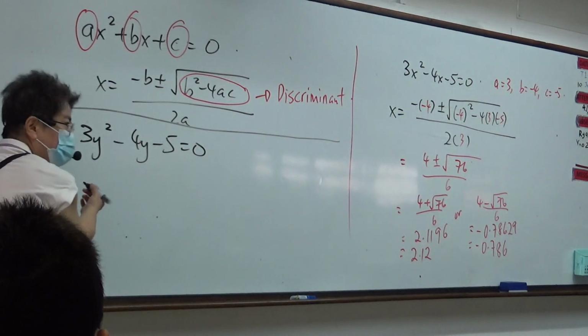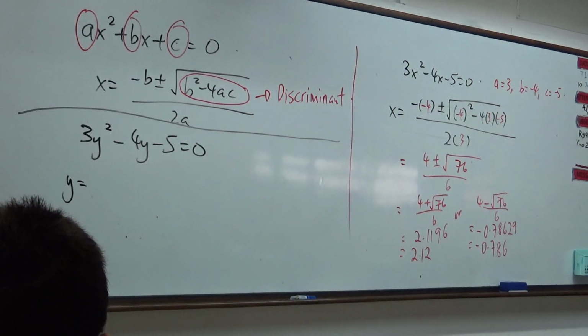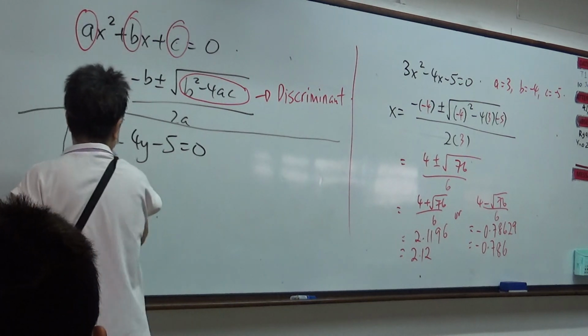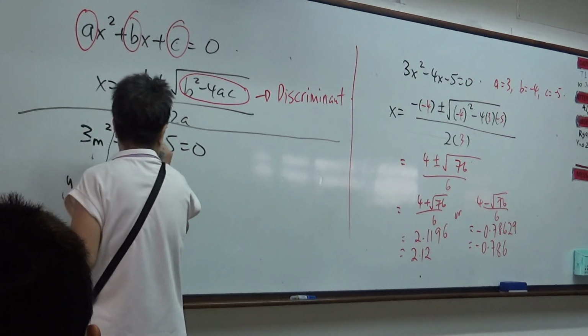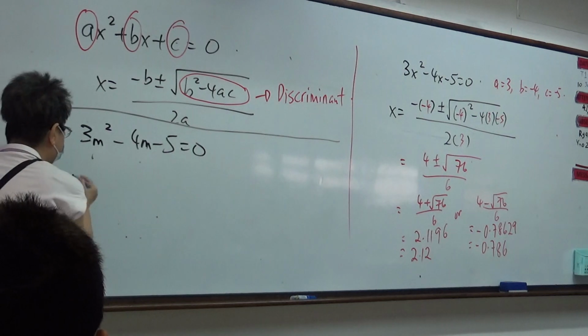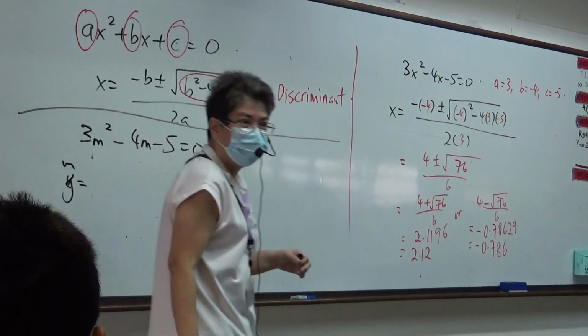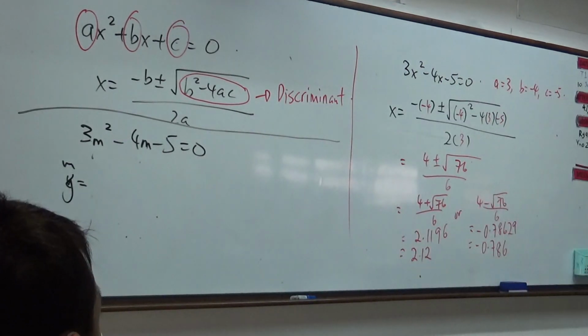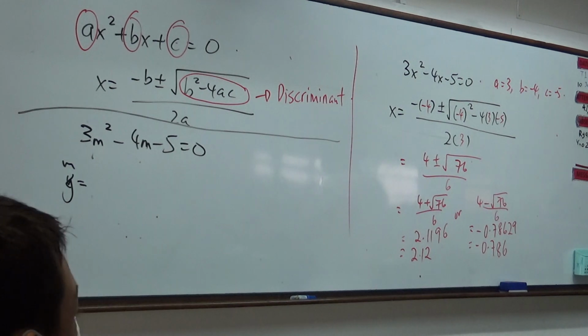Now you must put what? y equals to. Because a lot of people forget, even if I change this up, what will this be now? It will be n. It's just a dummy variable. Understand? But when it is n or y, you cannot put x. Then you don't know what you are solving. Do you get what I'm talking about?